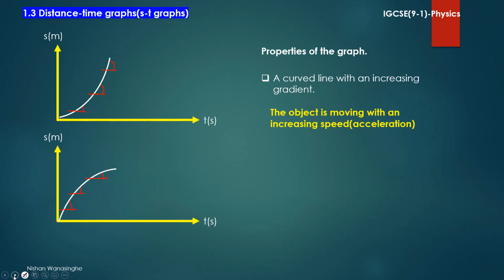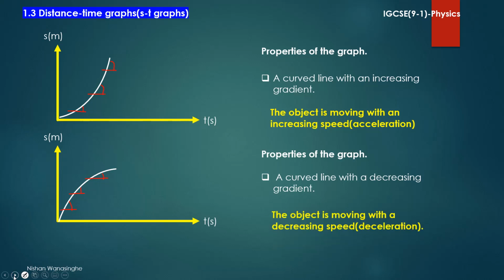So it means the object is moving with decreasing speed. For a curved line with a decreasing gradient, the object is moving with deceleration. So when you show deceleration using an ST graph, you have to draw a curved line with a decreasing gradient.